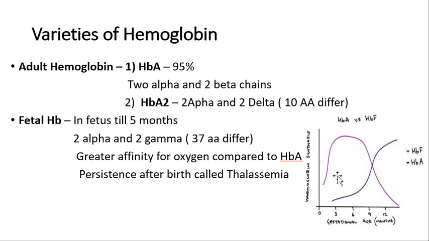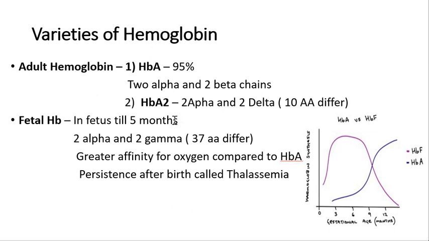Here you can see the HbF was very high around the second and third trimester. Then toward birth it decreases and HbA starts increasing. This blue color is HbA. At birth 90% is HbA, and HbF decreases.